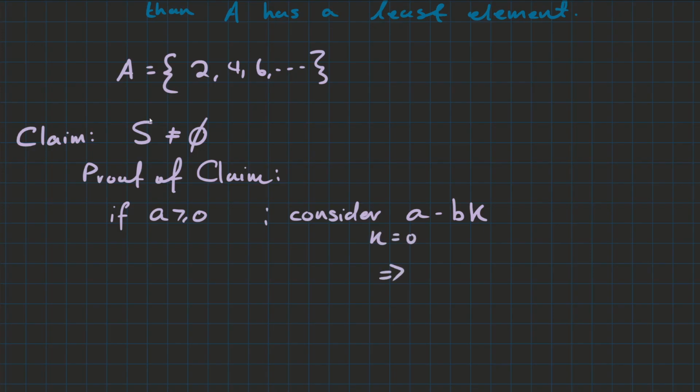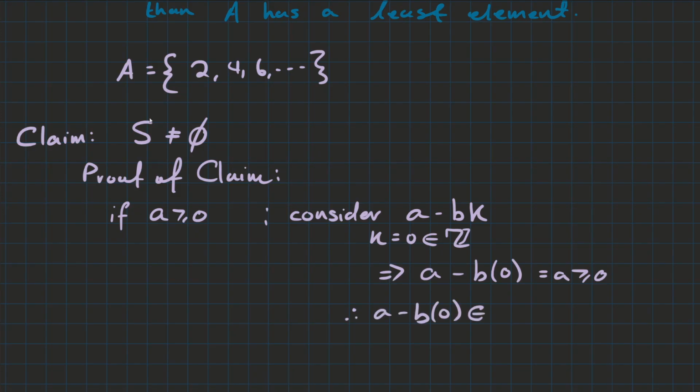K being 0 would give us A minus B times 0, which is in the form we want, since 0 is an integer. And that's equal to A, which we said was at least 0. Therefore A minus B times 0 is in S.